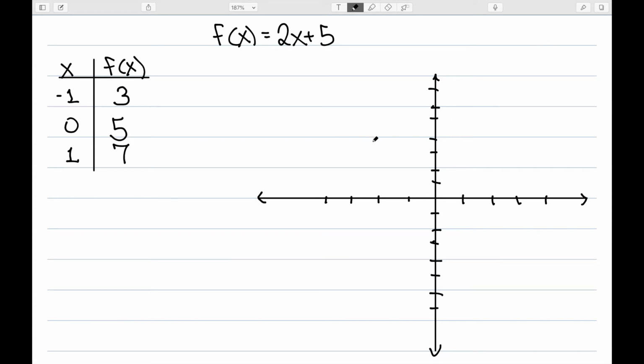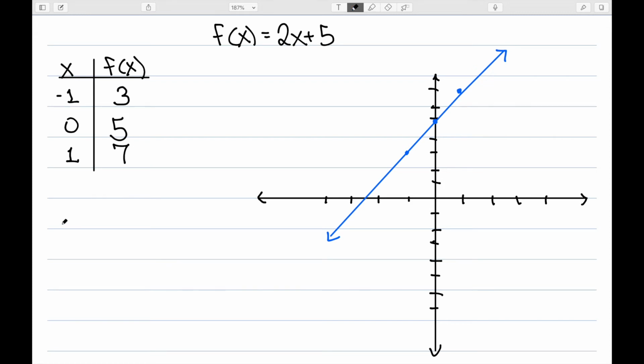And then we want to graph. My first point says go over -1 and up 3. The second point wants to go over 0 and up 5, and then over 1 and up 7. And we can draw the line between those points. It's not the best line, but that's okay.